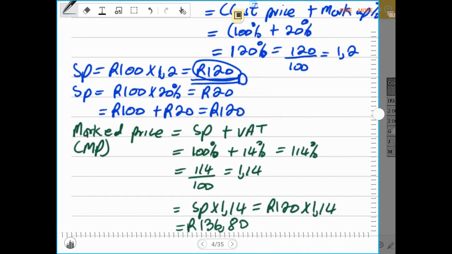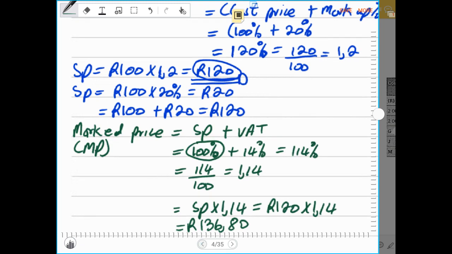So now we have allocated all of this, and take note again of the fact that selling price becomes 100% before you add VAT. So now that means when we are looking for the selling price from a marked up amount, then we must multiply by 100%, we divide that by 114.